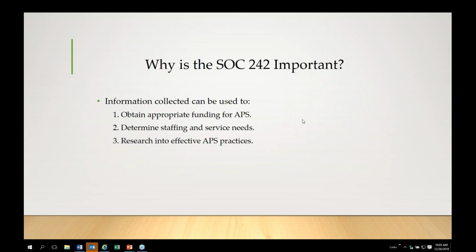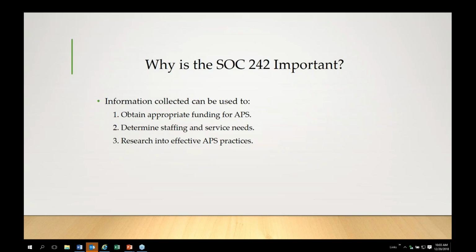So why is it important? I know data is not the thing that drives you in your work every day. And having to fill out a lot of documentation is probably not your favorite thing, but it really is important. A lot of the data helps us to ask for funding for adult protective services by knowing how many cases you're having to deal with, how much abuse is actually being perpetrated.